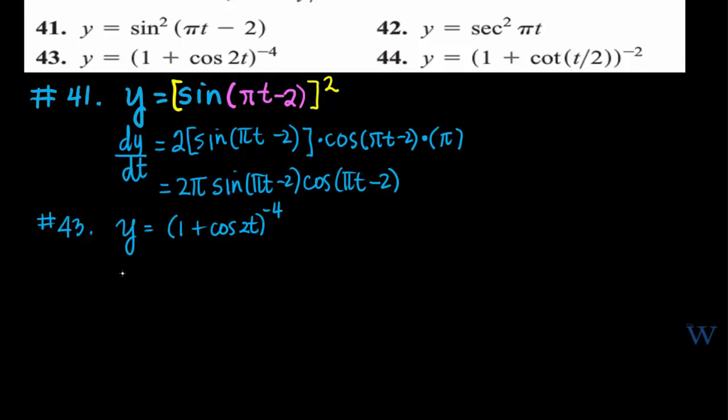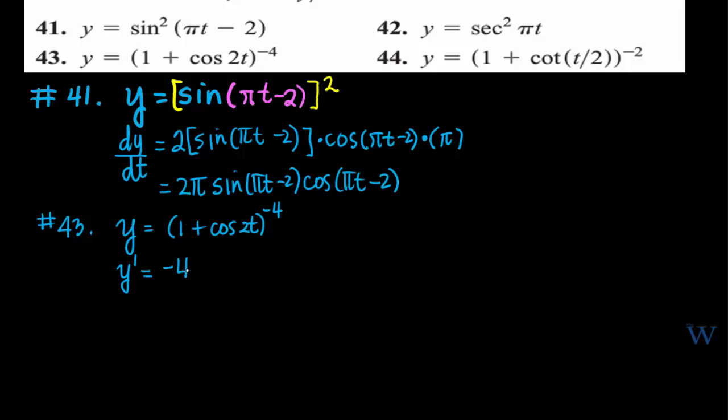So what is y prime, or dy by dt? Well, look at this. You are taking something that was raised to the negative 4. So the outer function is like u to the negative 4. And what is u? Whatever has been raised to the negative 4. So apply the power rule on the big picture.